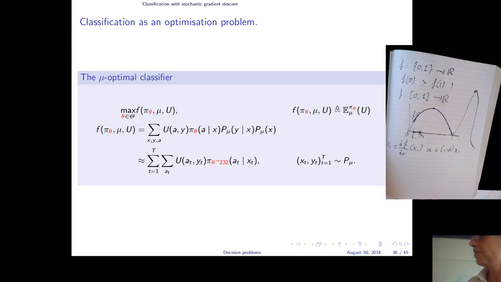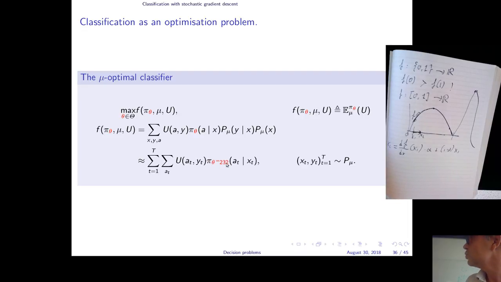So we want to maximize this function. It's not very difficult. But first we have to calculate what the function is, right? So what is the function? The function is the expected utility. So for every action you can make and every actual label, there's the probability of the action according to your classifier parameters, and then the probability of the data, so the probability of X, and then the probability of the label given the data, X. Now, if you can calculate this, then you know exactly what the performance of your classifier is, right?